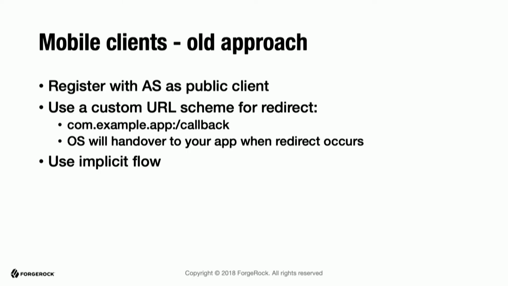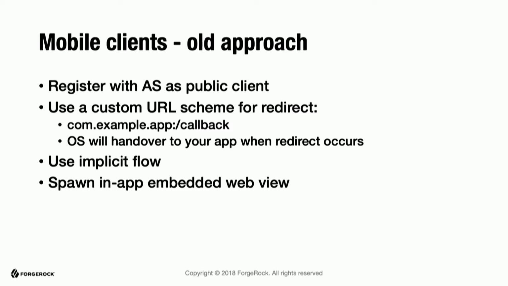Your mobile app registers that with Android or iOS, and when the browser redirects back, the operating system hands that over to your app to handle the redirect, and you can get your access token. And a lot of mobile apps in the old days also used the implicit flow because it's one less network request, and so it's easier on battery life.